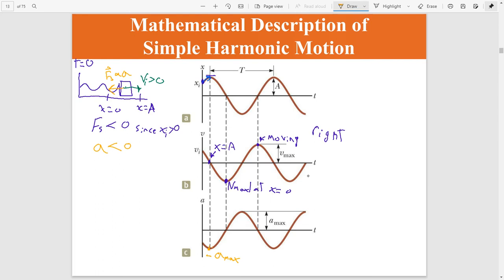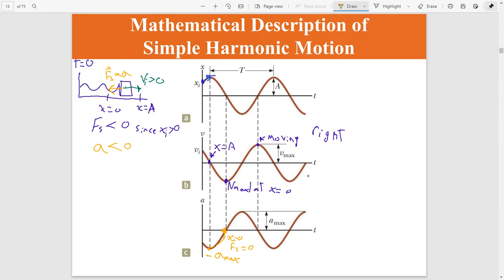Then the acceleration starts to decrease towards 0, and this point here is the equilibrium point. As the block passes through equilibrium, it's no longer stretched or compressed, so there's no restoring force. But even though it's not accelerating at this point, it's still moving because it has been accelerating. As you can see in graph B, that's when the speed is maximum towards the left. So it'll still keep moving back to a point of full compression.